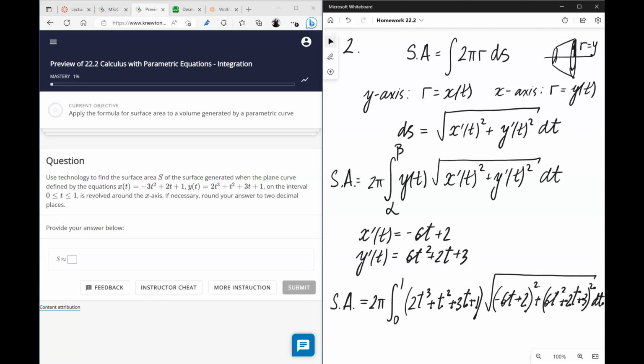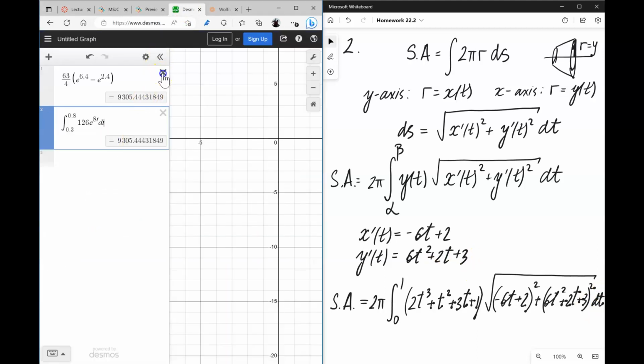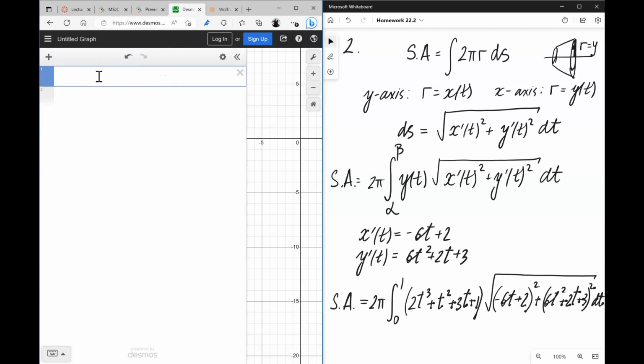And let's see what it's equal to. We got 2 pi integral from 0 to 1, 2t cubed plus t squared plus 3t plus 1 square root.